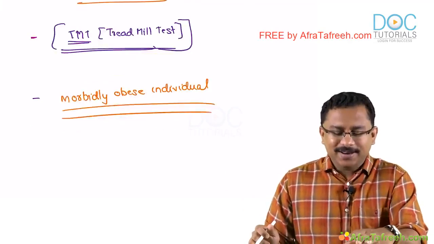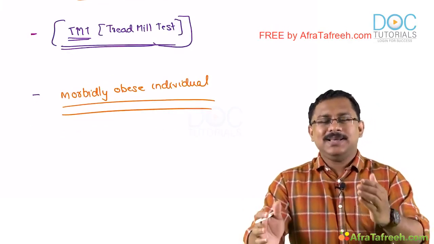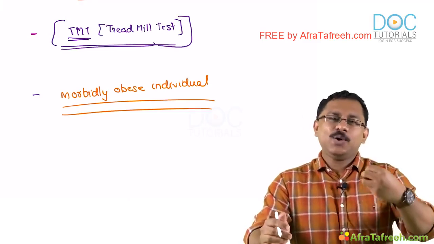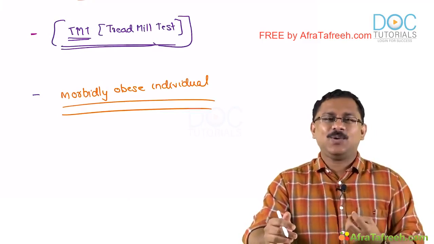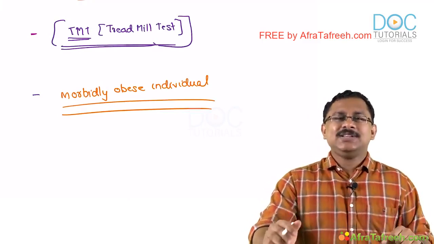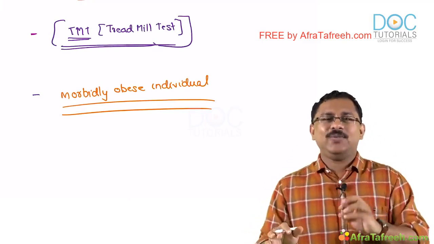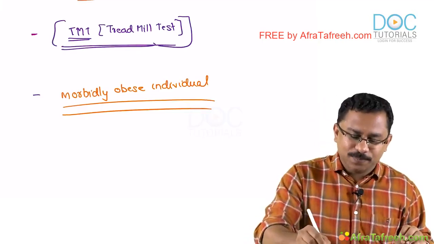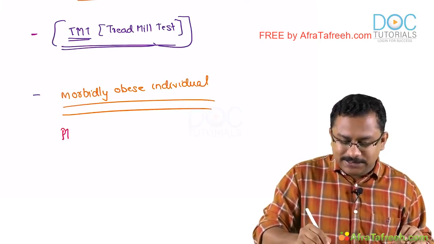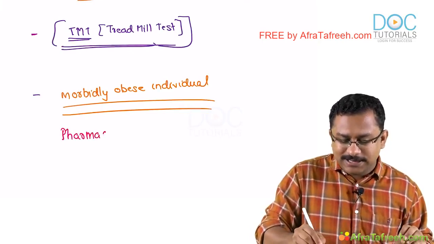See, when you do a treadmill, you are giving the patient some exercise stress, some physical stress. So in this scenario where it will be difficult to give a physical stress, what you will do is proceed ahead with something that is known as pharmacological stress.